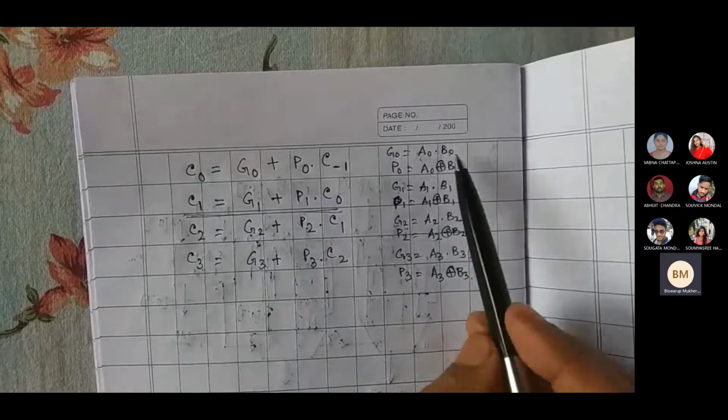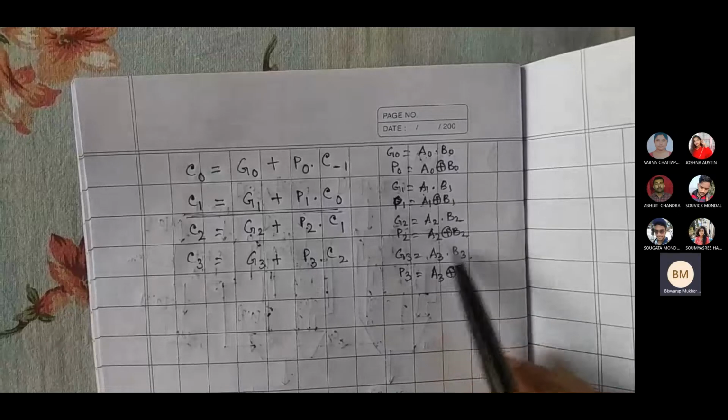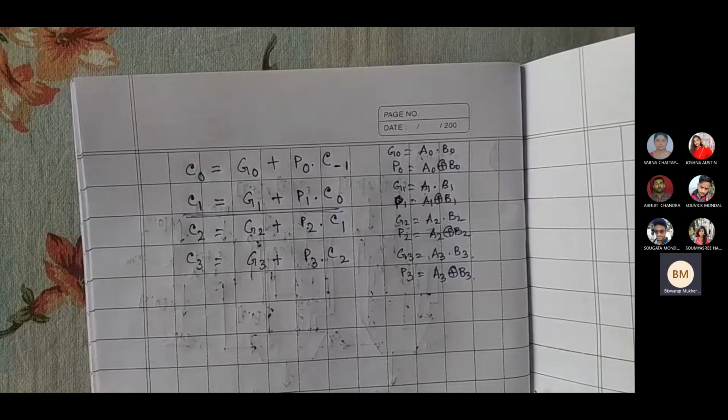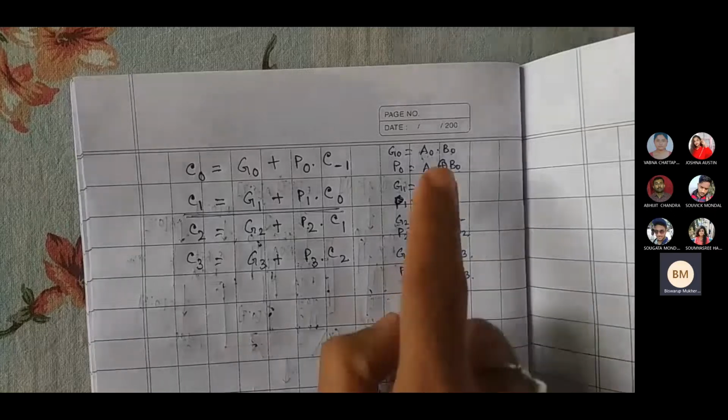Make sure that all these values are present initially, whenever you are starting your operation. These values come right away, right? So that means all are taking one gate time delay. This is an AND gate, this is an XOR gate.